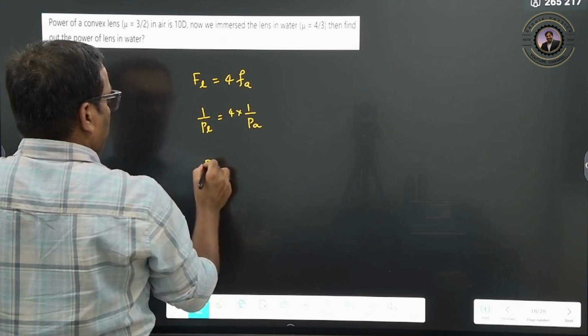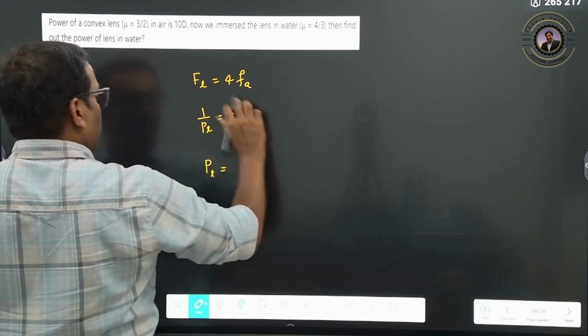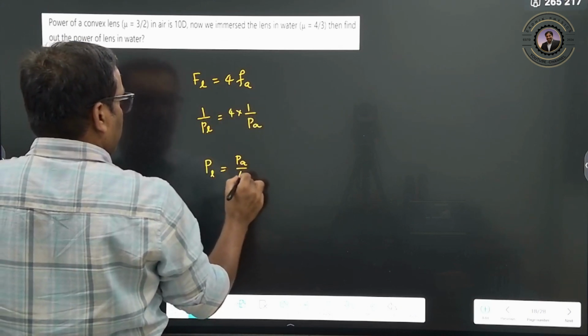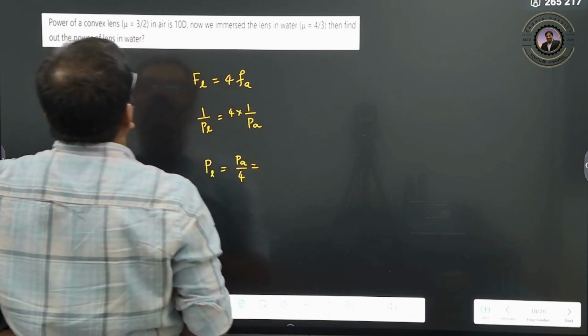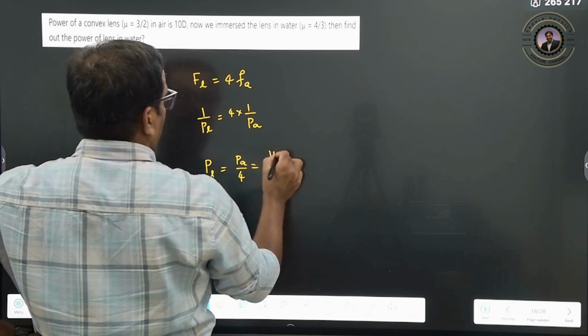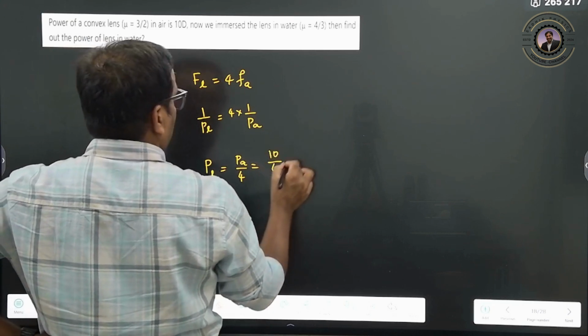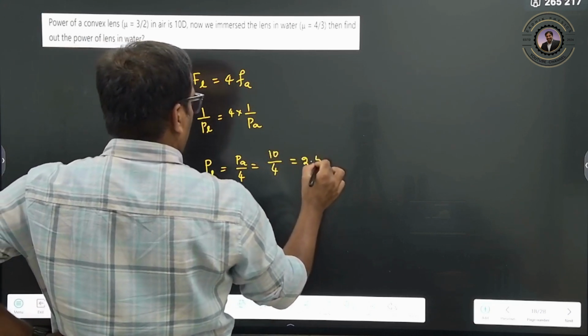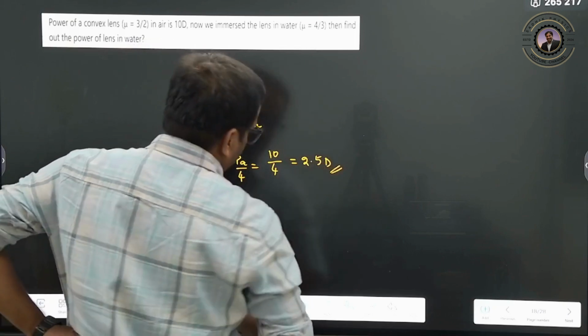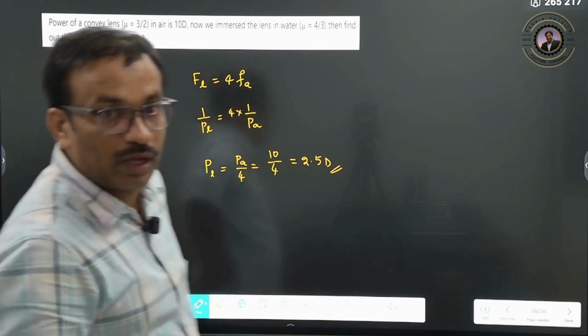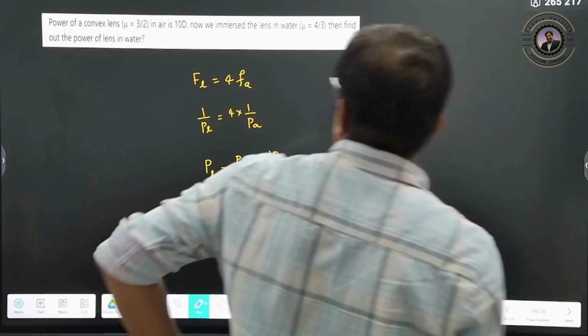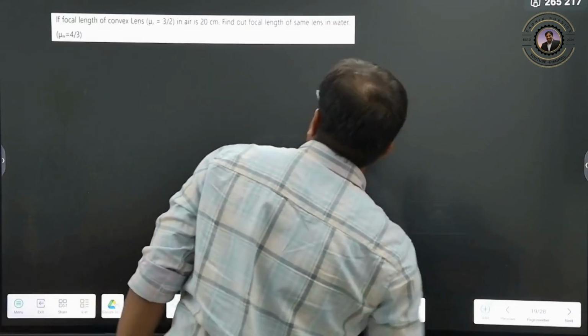So the power inside the liquid, you can write down, is the power in the air by 4. So what is the power in the air? 10 diopter divided by 4. So therefore it is nothing but 2.5 diopter. Power will be reduced. Why? Focal length will be increased. Clear? So simple questions, no?